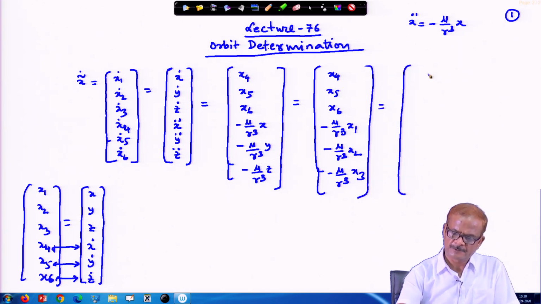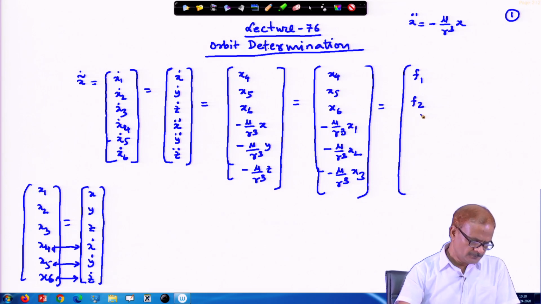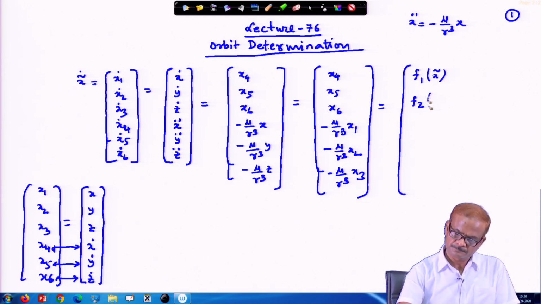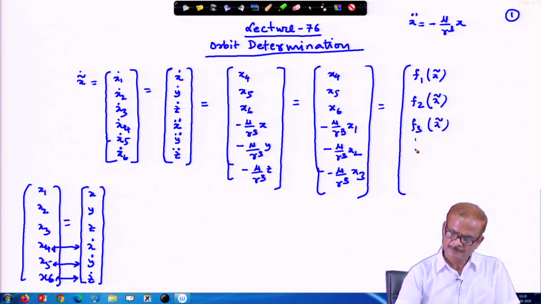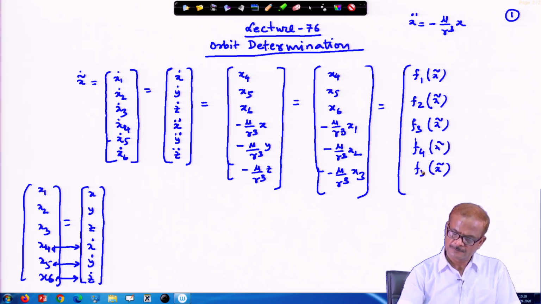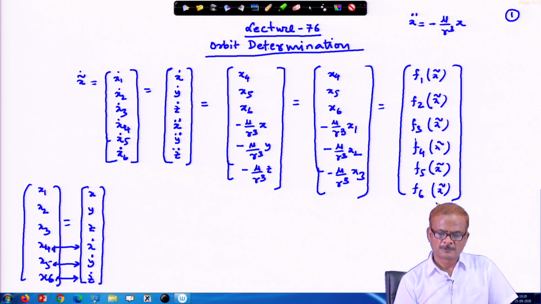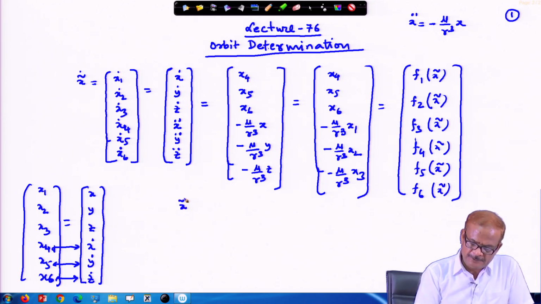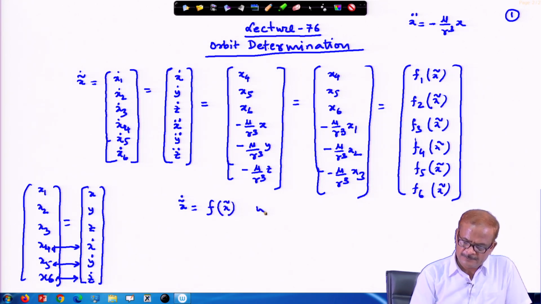And this we can write as f 1, f 2, f 3 of x tilde, f 4 of x tilde, f 6 of x tilde. So, you can see that our state equation can be written as f of x tilde, where f equal to f 1 to f 6.